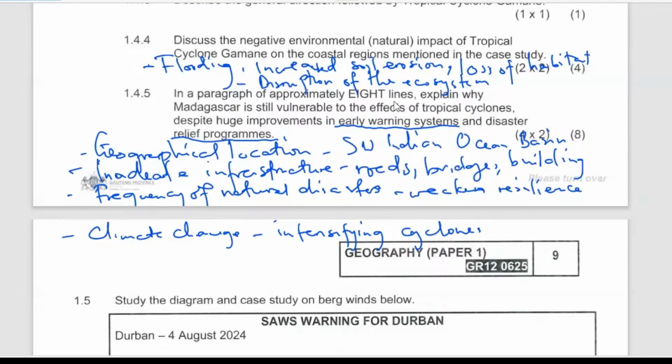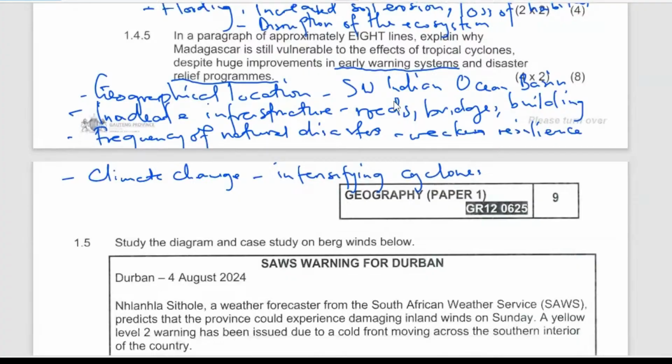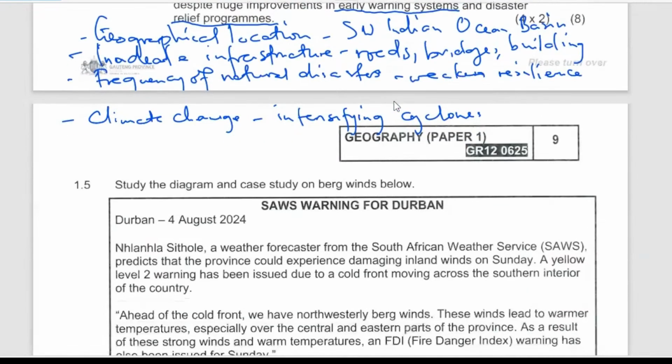So because of climate change, the tropical cyclones are intensifying. They are getting stronger and stronger. They are being fueled by climate change, such that despite the relief programs, we will still have them destroying infrastructure because they are getting stronger around the areas where they affect. Right, that was question number 1.44.